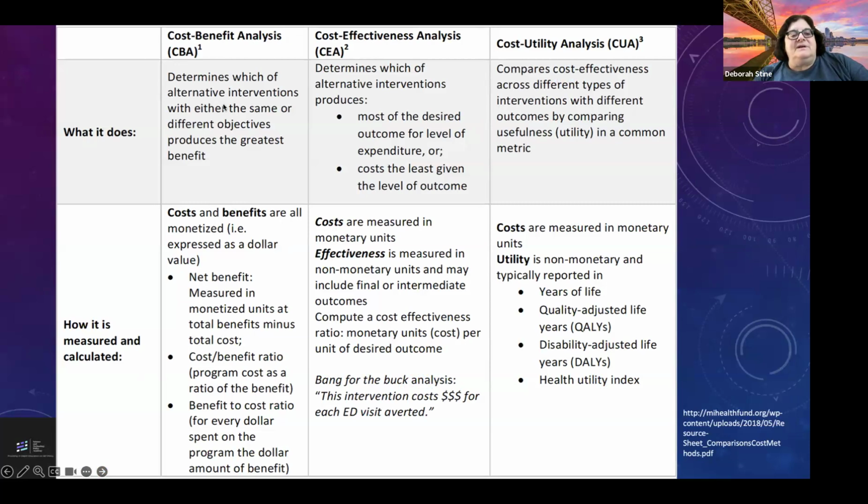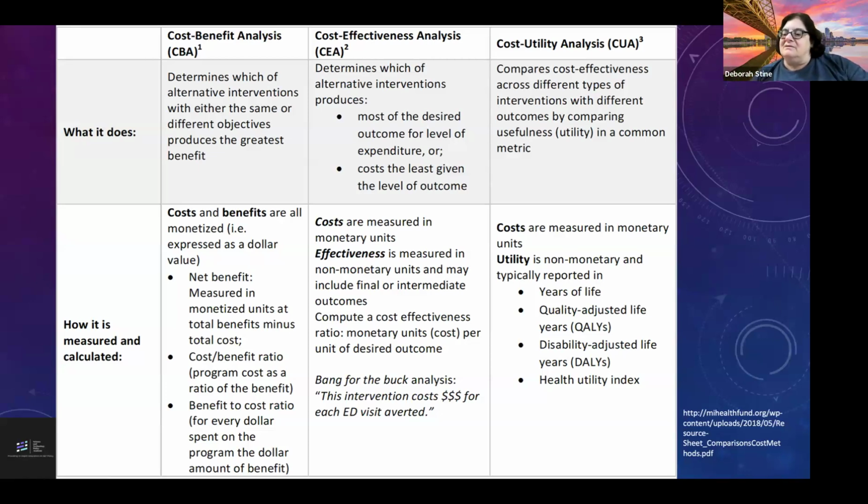So in benefit cost analysis, what you're looking at is different alternative interventions that have the same objective. A good example of that is a bridge. You can make a decision: I can either build this bridge out of this material and it'll last 40 years, but it'll cost more, or I can do this bridge, and it's cheaper, but it only lasts 30 years.